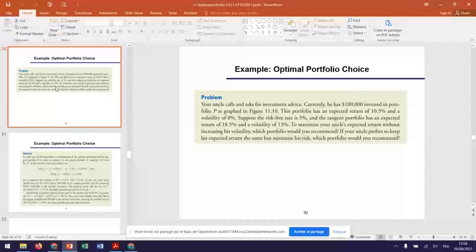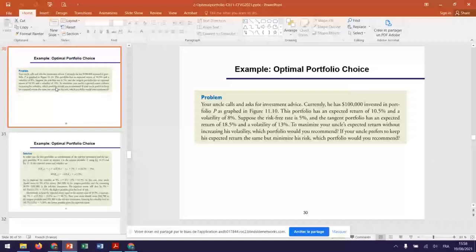If you put 100% in your tangent portfolio, you bear volatility of 13% and get a return of 18.5%, which is probably not exactly what your uncle wants. First, he wants to maximize expected return without increasing his volatility, which at the moment is 8%.